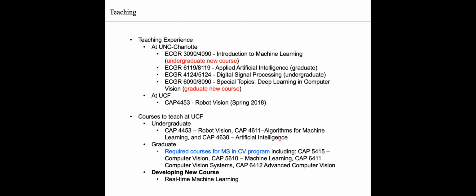And for the graduate level, I think CS has this master's in computer vision program recently, so I am able to teach some of the core courses in this master's program.